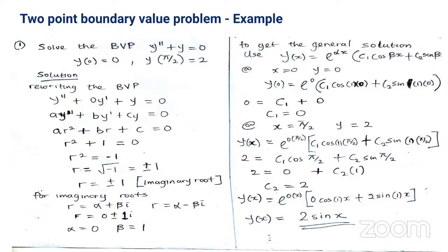So y at 0 equals e raised to the power 0. Of course, alpha is 0, so anything times 0 is 0, and then c1 cos 1.